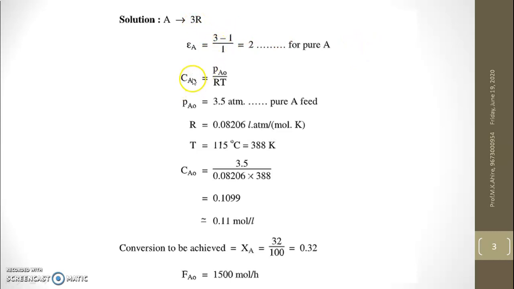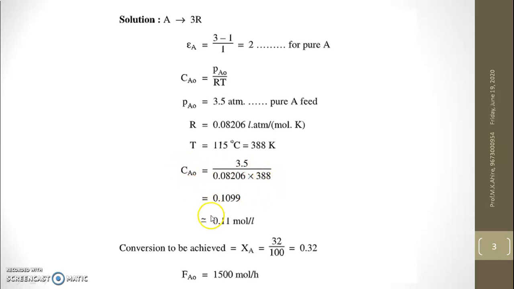Now CA0 is PA0 upon RT, and your PA0 value is 3.5 atmosphere because A is fed as a pure reactant. The R value is 0.08206 liter atmosphere per mole per Kelvin. Temperature we will convert to Kelvin. So CA0 is 3.5 upon 0.08206 into 388.